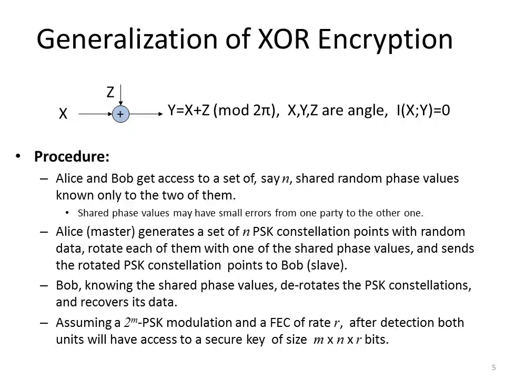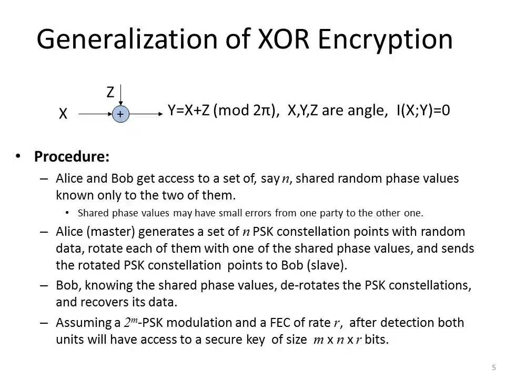Now, assuming that we have a 2 to the power of m PSK modulation used in this phase, and we have a forward error correcting code of rate r.